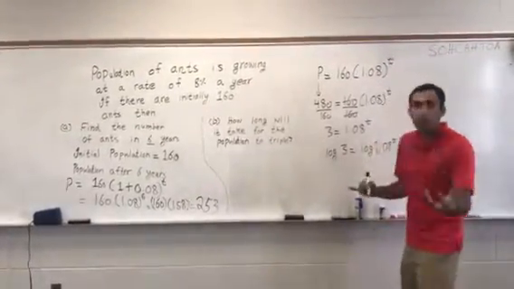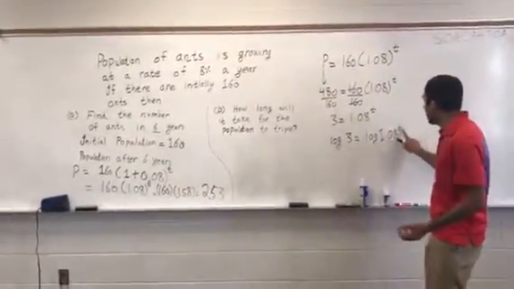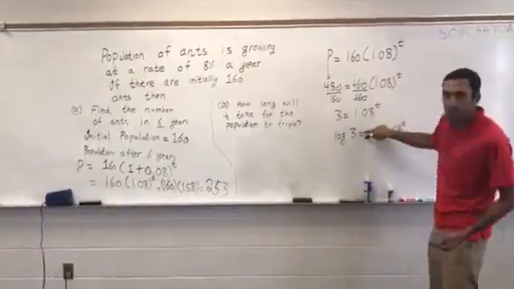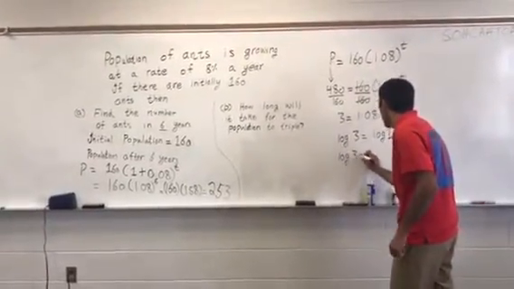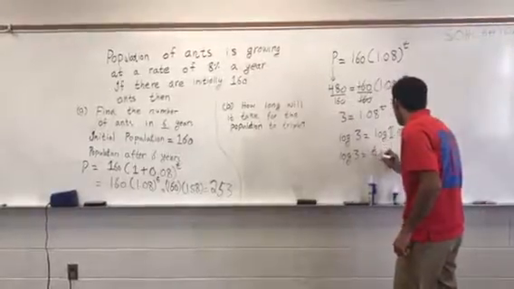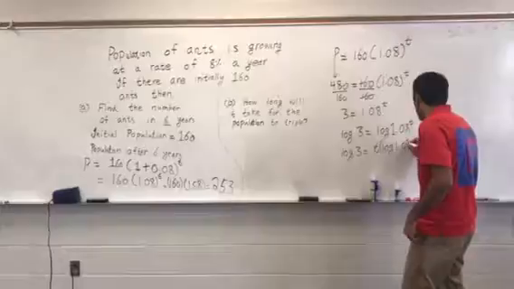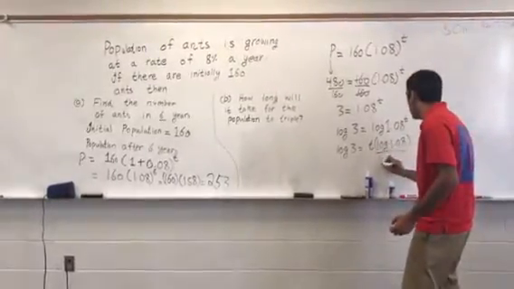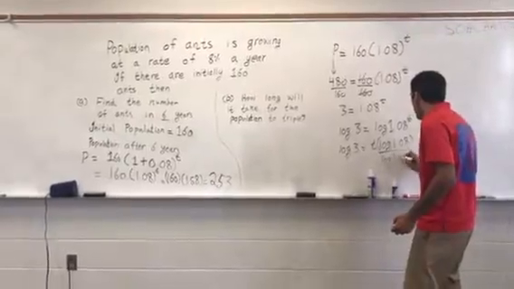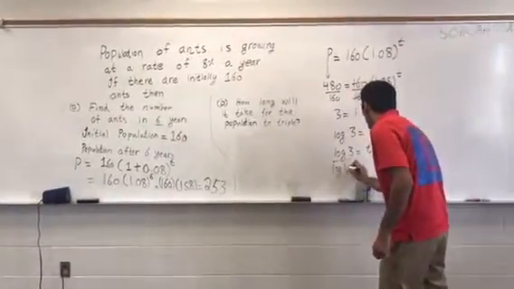Because you're logging both sides, this exponent is going to come up front. So you're left with log 3 equals t times log 1.08. So how do you get t by itself? Divide both sides by log of 1.08.